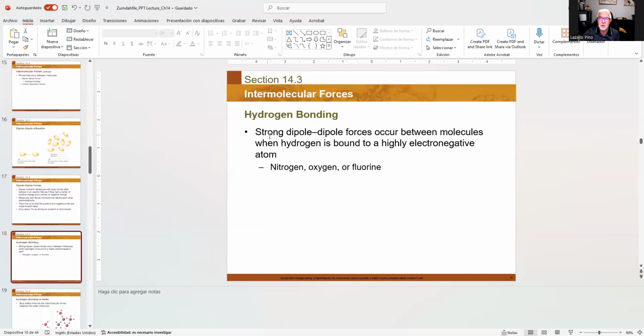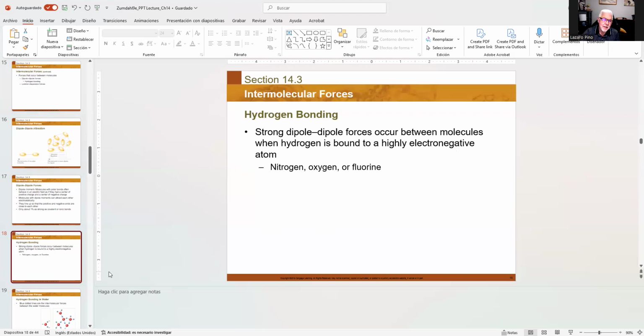Hydrogen bonds are strong dipole forces that happen between molecules when hydrogen is bound to a highly electronegative atom like nitrogen, oxygen, or fluorine. Only when hydrogen is attached to one of these three atoms can we have hydrogen bonds.